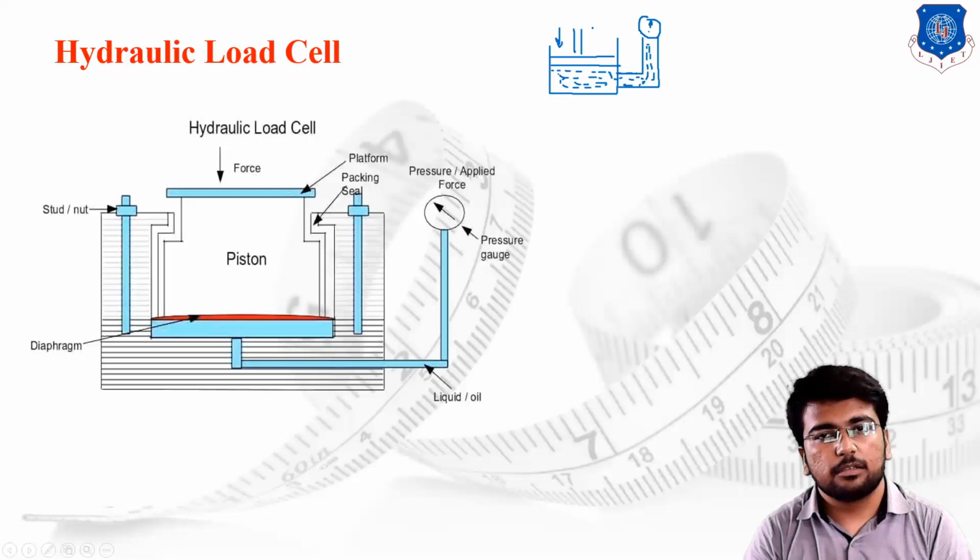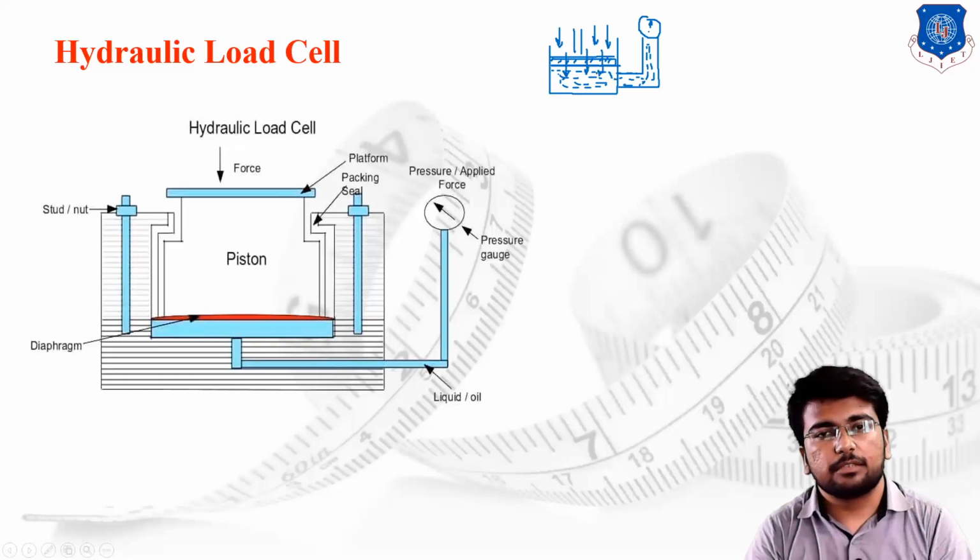Suppose you are applying the force over here. Once you are applying the force on an area, mark my word, you know the force acts at a point, but you are applying a number of forces over the area of the piston. Then the piston will start transferring the forces to the oil, to the liquid.